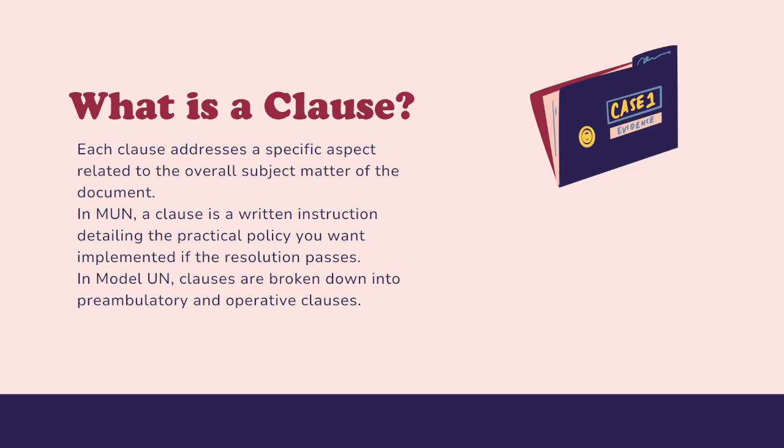Each clause addresses a specific aspect related to the overall subject matter of the document. In MUN, a clause is a written instruction detailing the practical policy you want implemented if the resolution passes. So the operative clauses are the solutions that you want to be implemented. If your resolution actually passes, then everything you wrote in your operative clauses will be implemented, if it were the real UN.